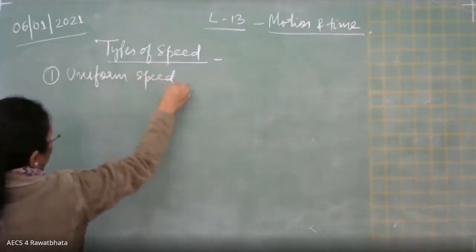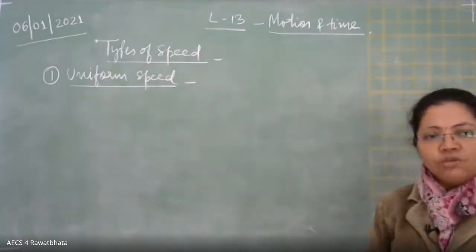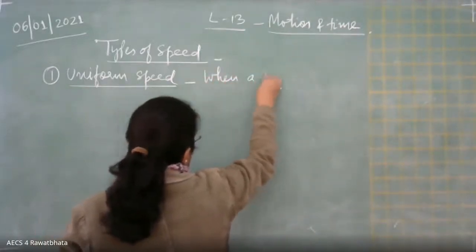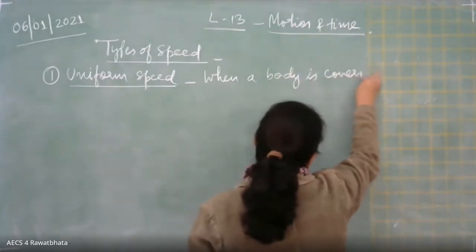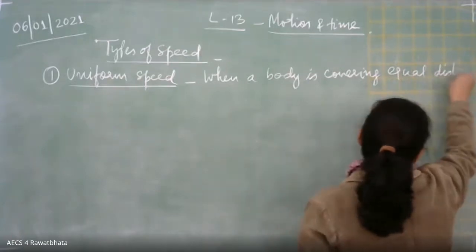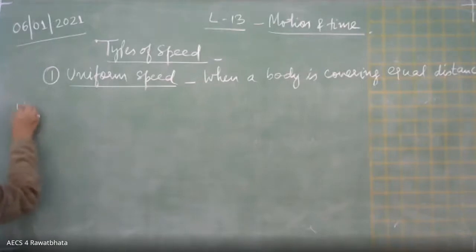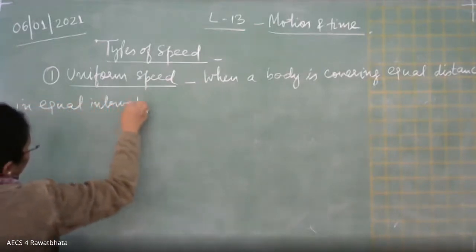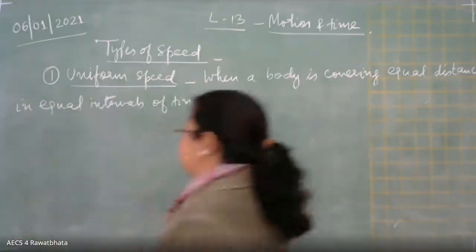Yes, so here first we have uniform speed. Now uniform speed means when a body is covering equal distance in equal intervals of time.